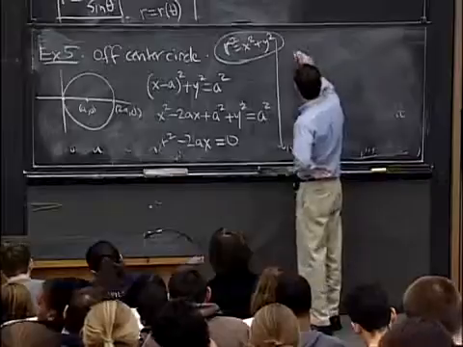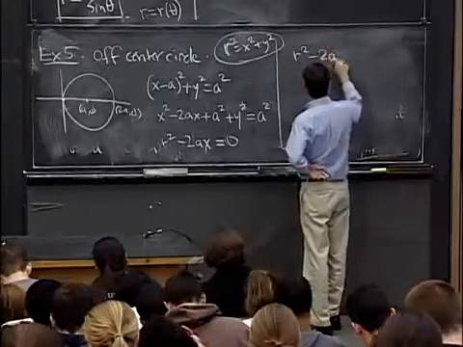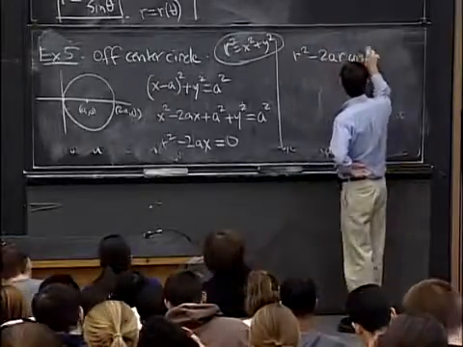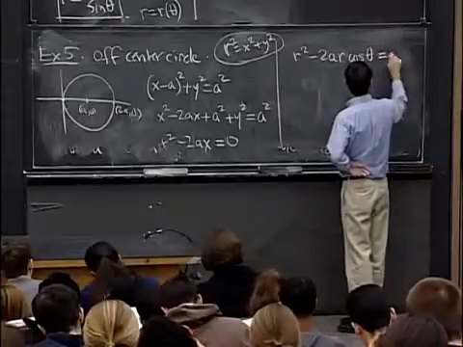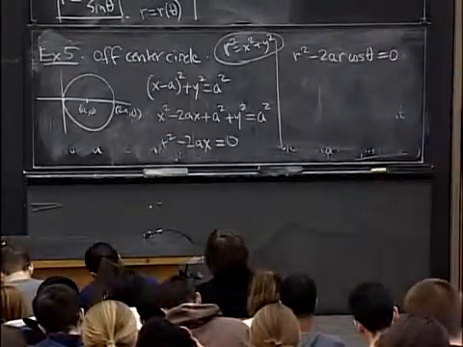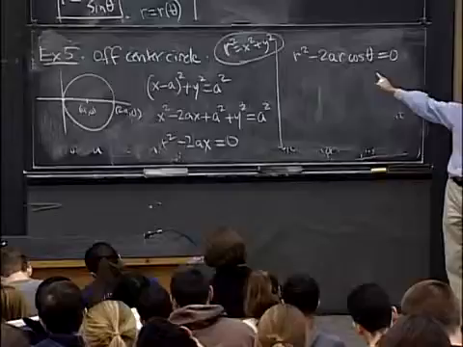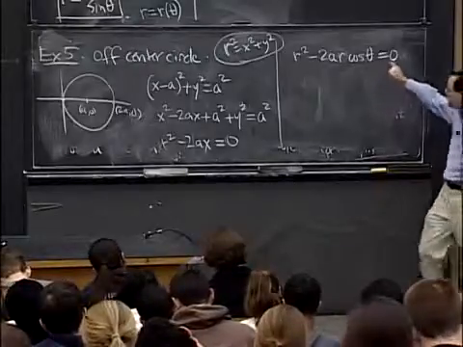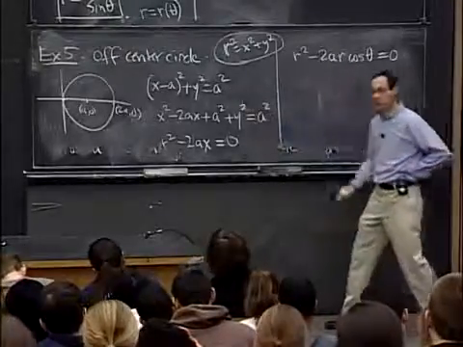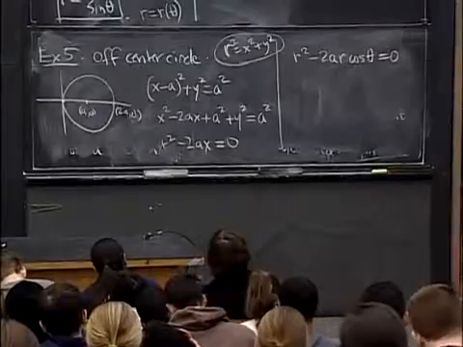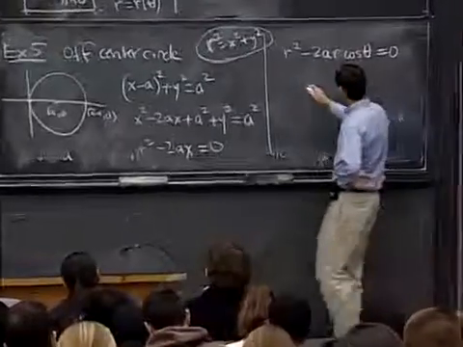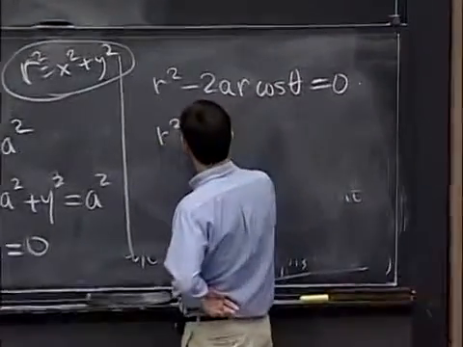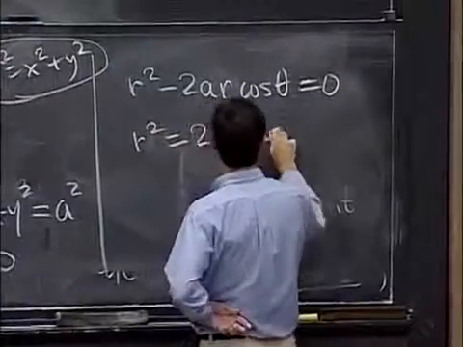So here I have r squared minus 2a r cosine theta equals 0. I just plugged in for x. As I said, I could have done that at the beginning. I just simplified first. And now, this is the same thing as r squared is equal to 2a r cosine theta.